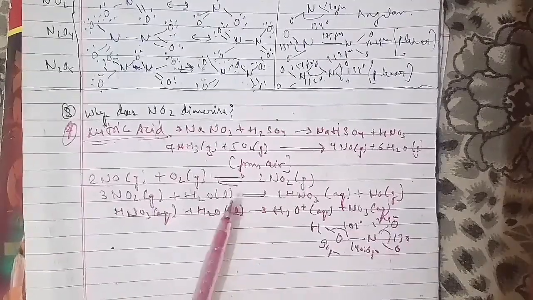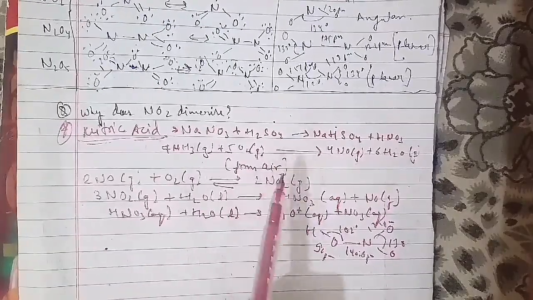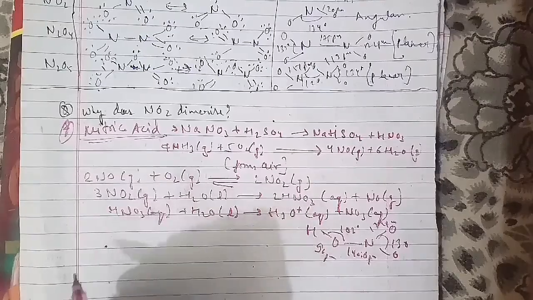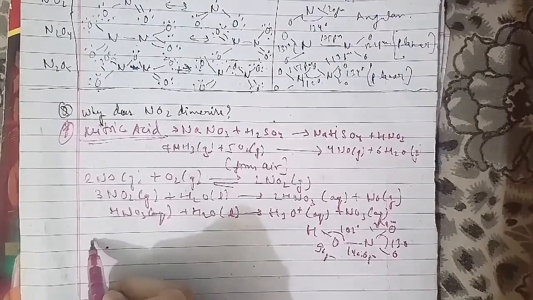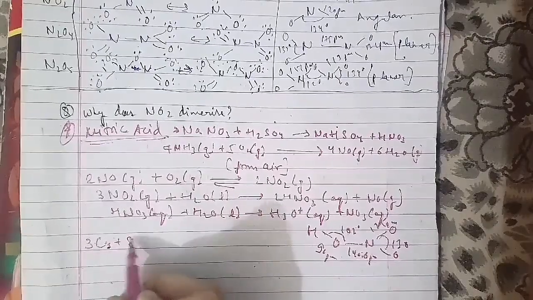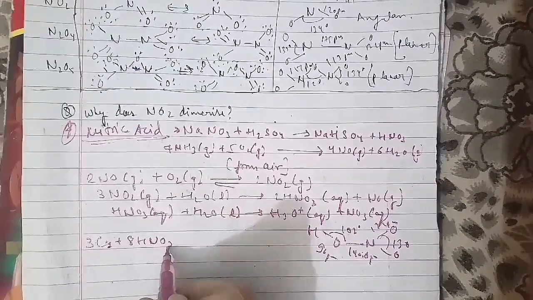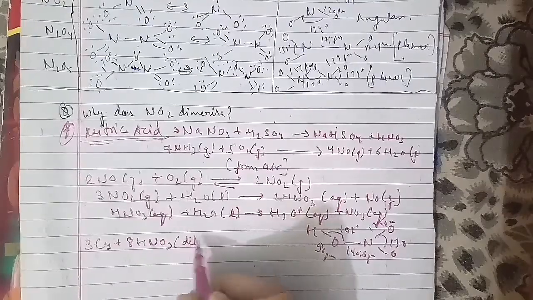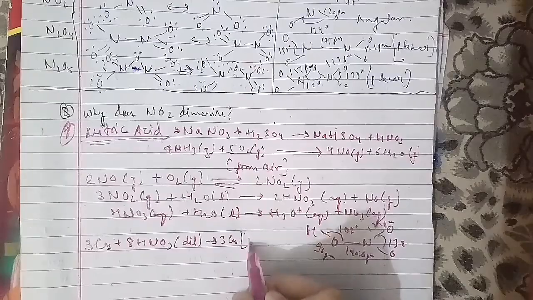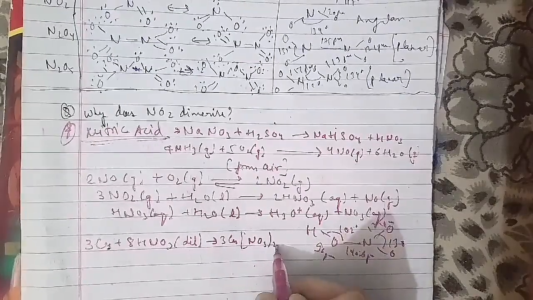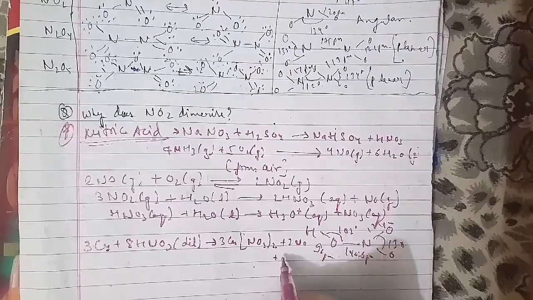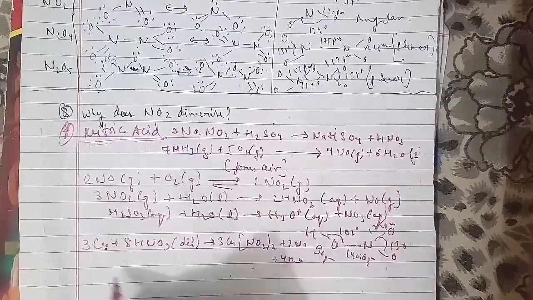So zinc reacts with dilute nitric acid to give N2O, and with the concentrated acid to give NO2 here. For that same case we have 4 Zn plus 10 HNO3 dilute will give 4 Zn(NO3)2 plus 5 H2O plus N2O as well.